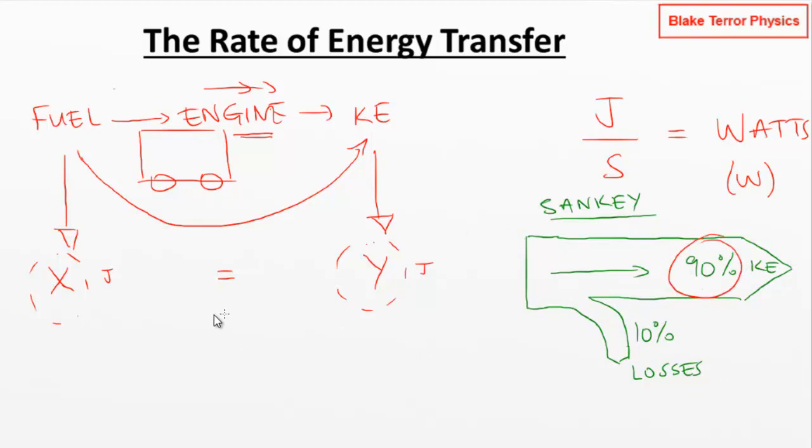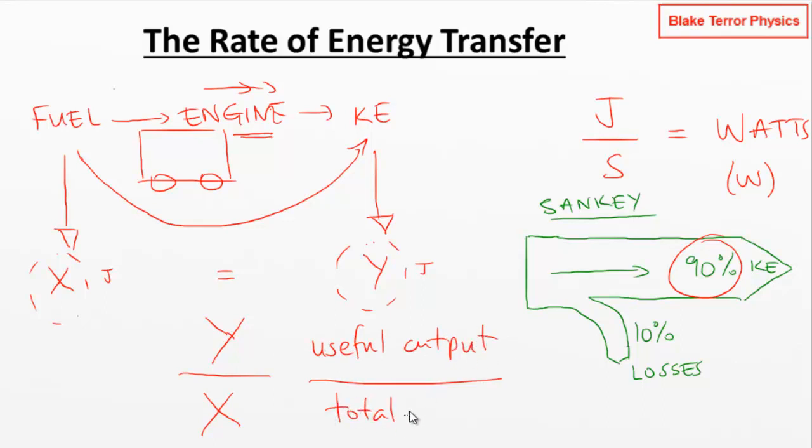It's how much of the output, Y, is the useful part of the total input. So useful output, which is Y, because that's all gone into the kinetic energy, divided by the total input, because that's everything that we've used. And that is going to be our efficiency, and that is just the percentage. So these are all the things that we've got going on here.